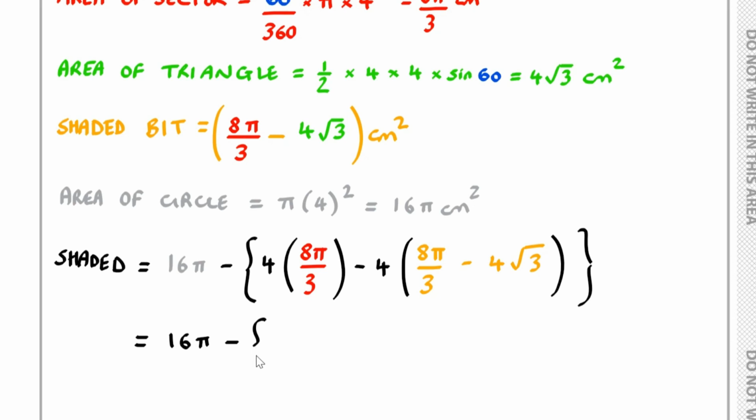So I've got 16 pi, and now here, if I work this out, I have to subtract 32 pi over 3, and then the minus 4 times by the minus 4 root 3, that will be positive 16 root 3.